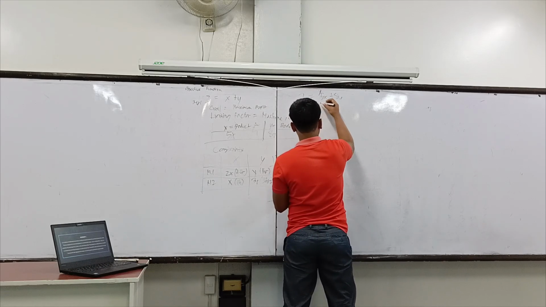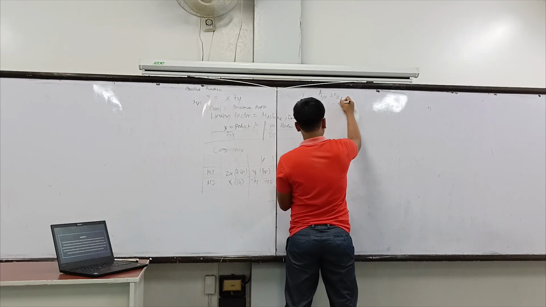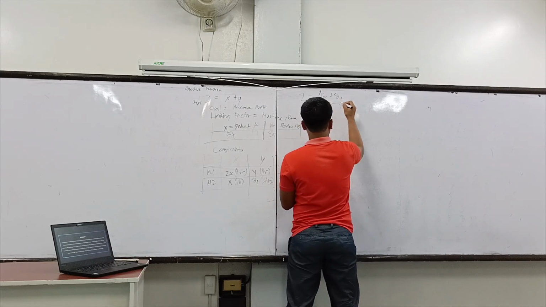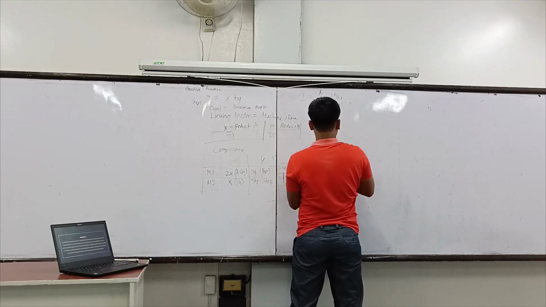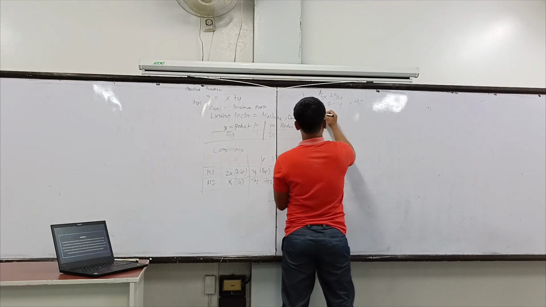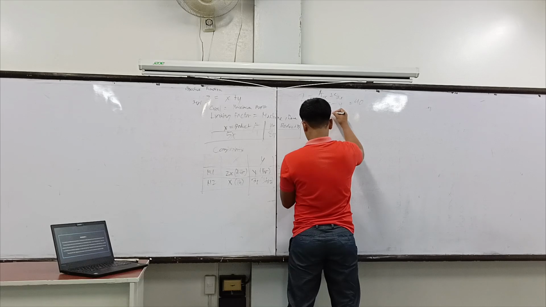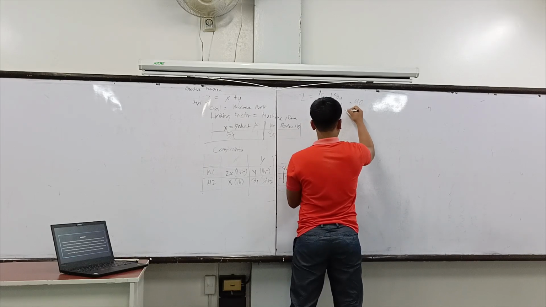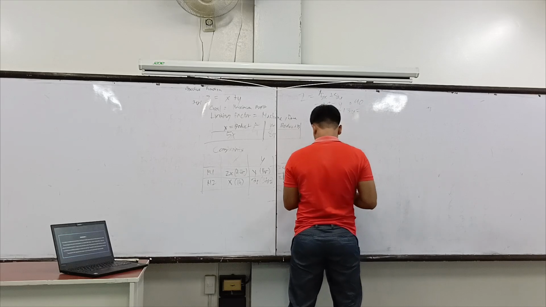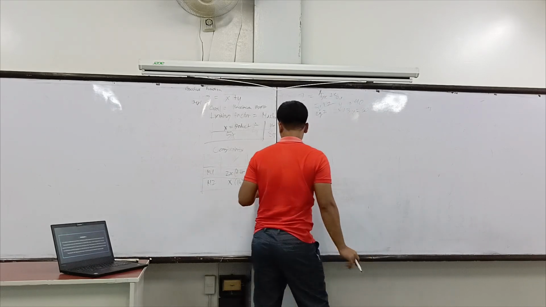Now, the equation 1 is 2x plus y, and equation 2 is 2x plus 3y equals 5. Copy natin sa question sa atin.